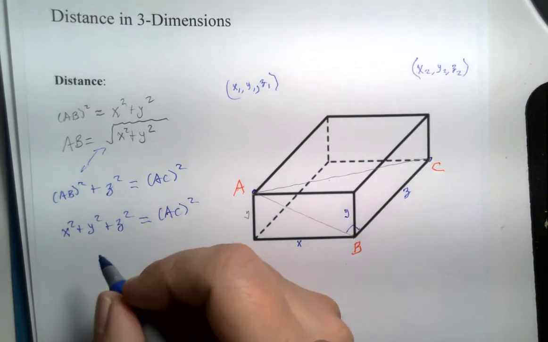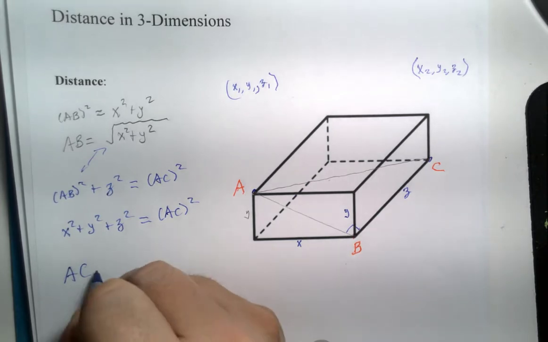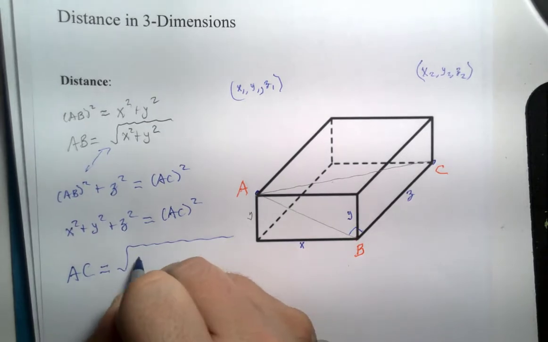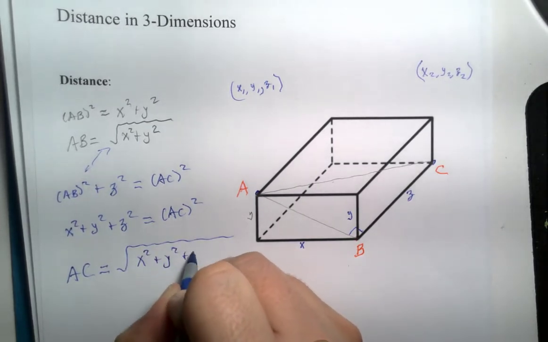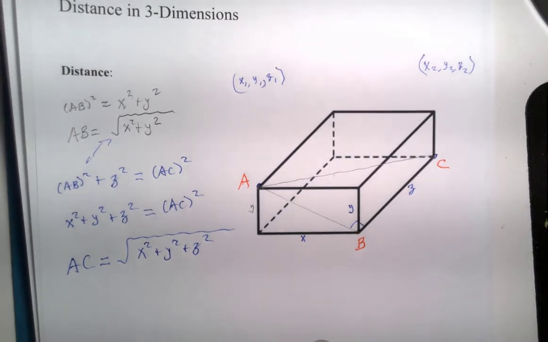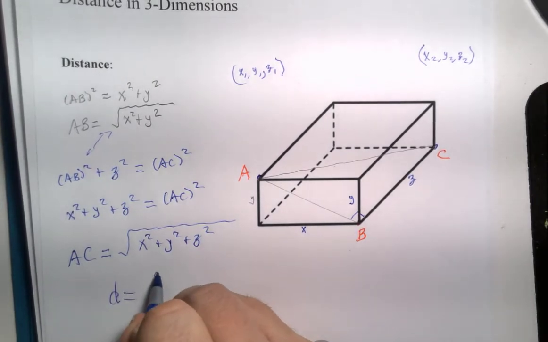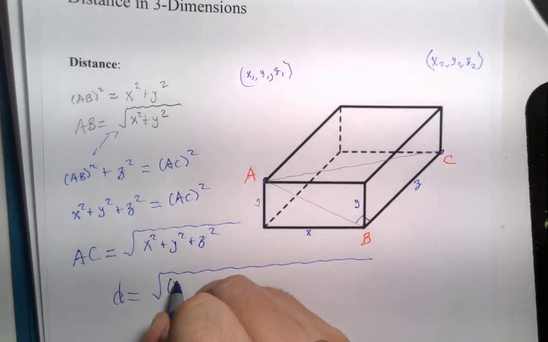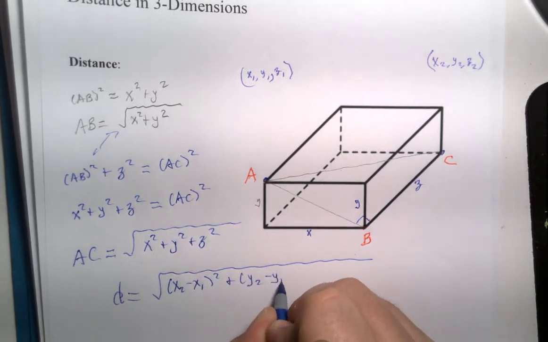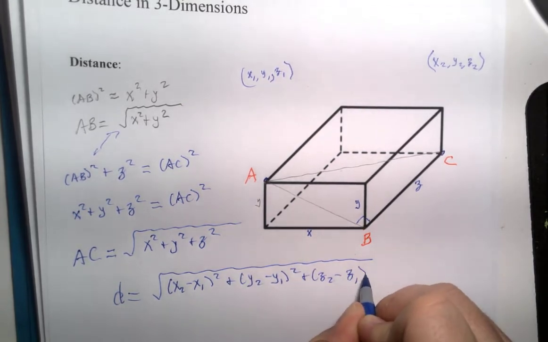So therefore, the distance from A to C is equal to the square root of x squared plus y squared plus z squared. And if we write it in a traditional distance formula format, that distance would be the square root of x2 minus x1 squared plus y2 minus y1 squared plus z2 minus z1 squared.